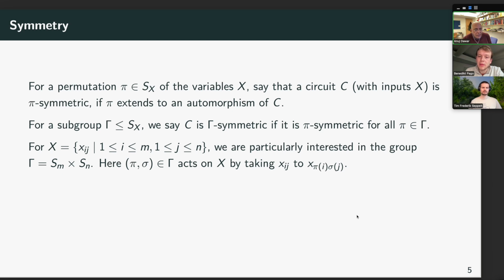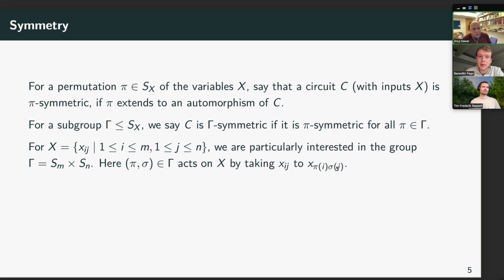When the set of variables forms the entries of a matrix, which is, as I said, the case we're interested in, we're particularly interested in a subgroup of Sym(X), which is what I call the group S_m × S_n. So the direct product of permutations of the rows and permutations of the columns, where the action defined by any element (π, σ) of Γ takes the variable x_ij to x_{π(i)σ(j)}.